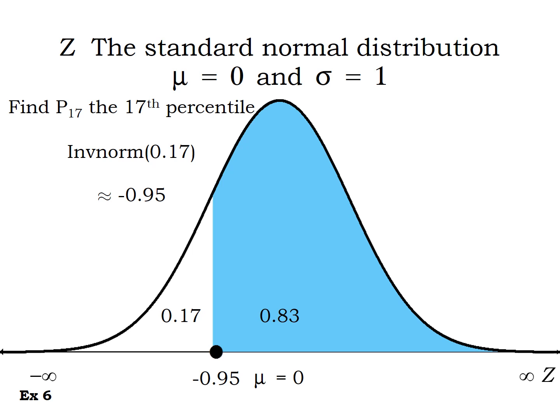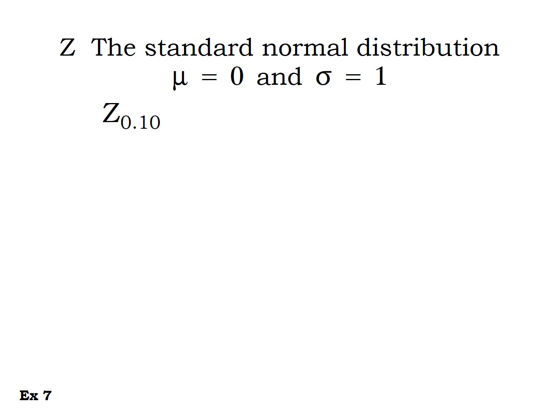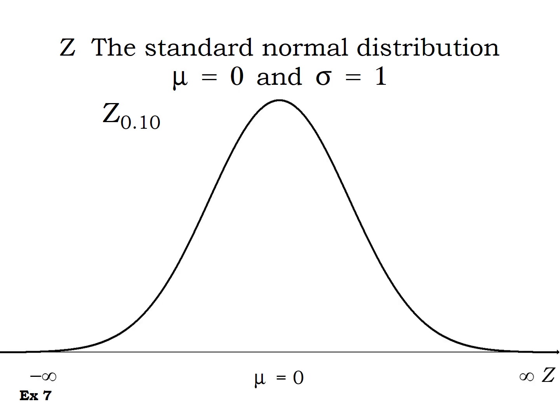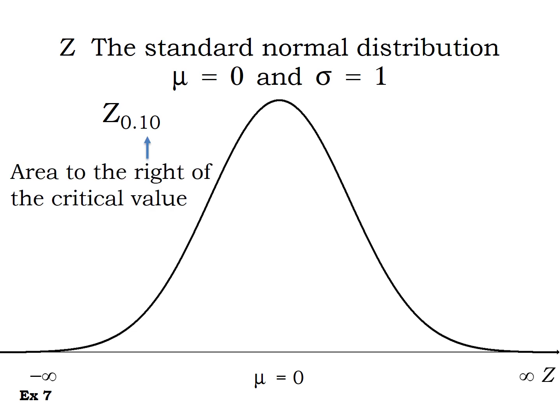Okay, so let's look at one final percentile, although it doesn't look like a percentile, but it is. So the author's notation here is a z with a numerical subscript. By the definition of the way he's using things, this subscript is always the area to the right of your critical value.